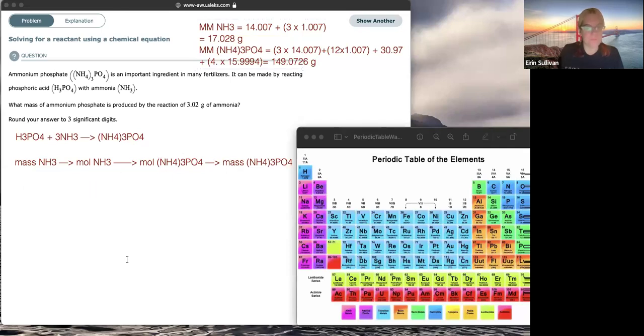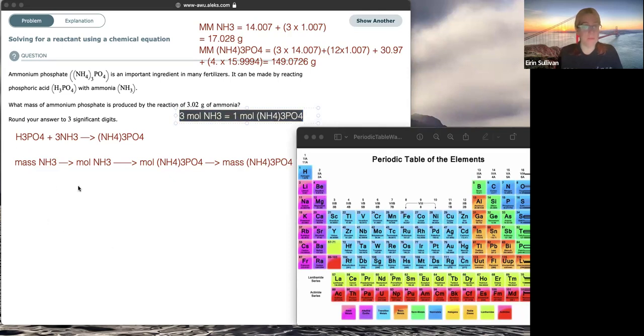Okay, so we now have to do one more thing, which is write our mole ratio between the ammonia and the ammonium phosphate. So we can see it takes 3 moles of ammonia to form 1 mole of ammonium phosphate. So that mole ratio will be our conversion factor in the middle here.